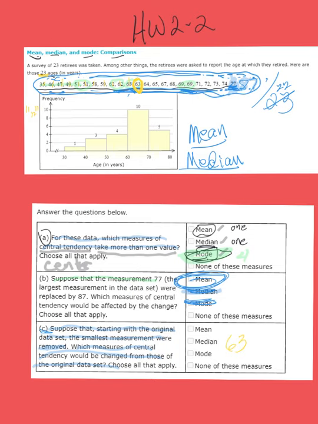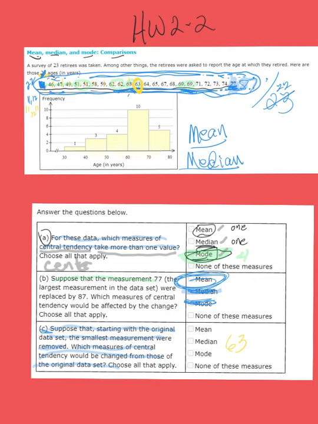So now we take this number out right here, and that cuts it down from 23. Now we only have 22 numbers, so I have to go to the 11th and the 12th number and find the number between them.